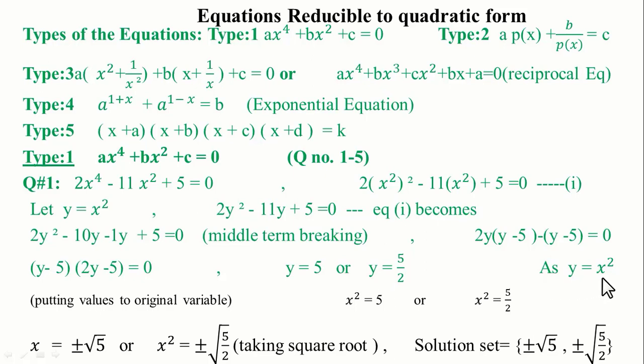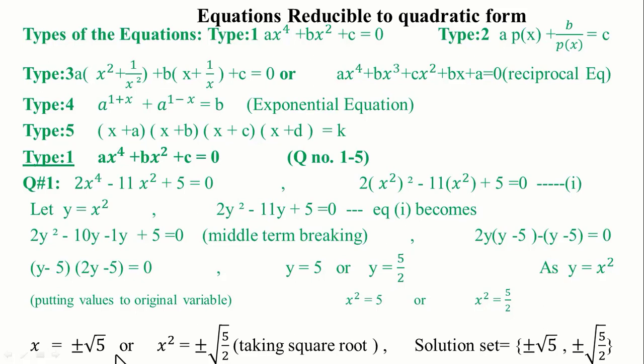As y is equal to x square, putting back the original variable, x square is equal to 5 or x square is equal to 1 upon 2.